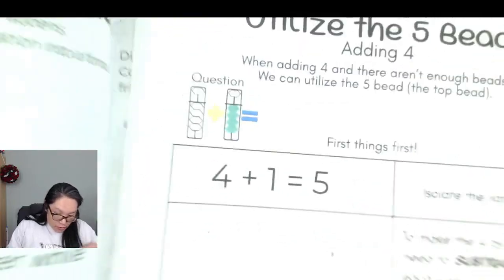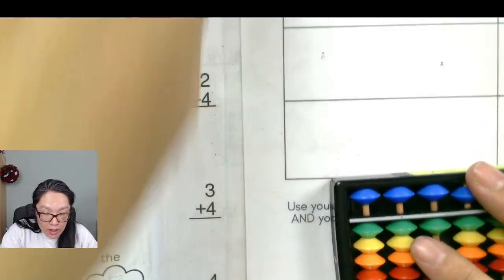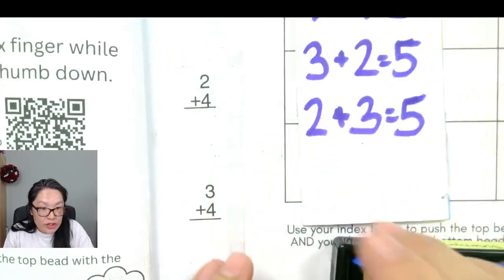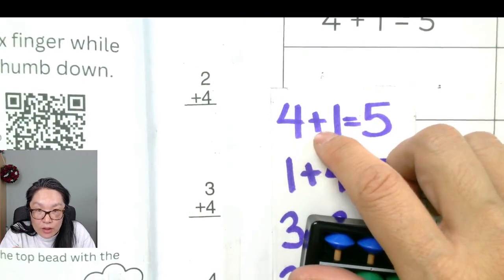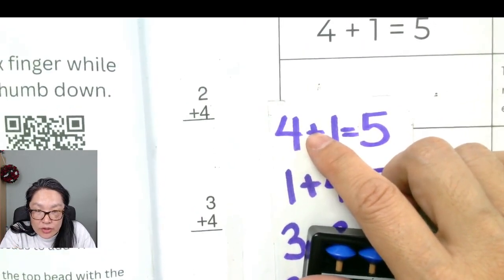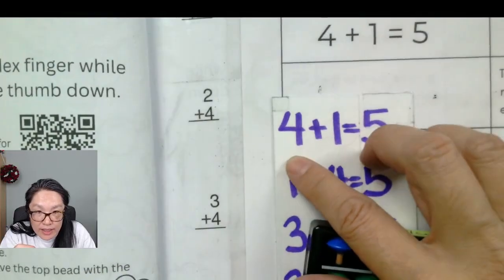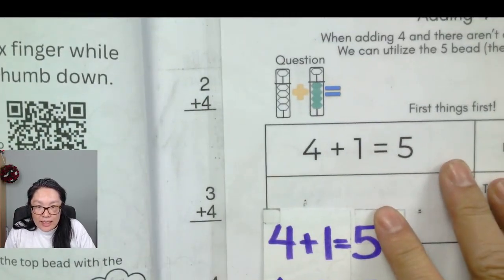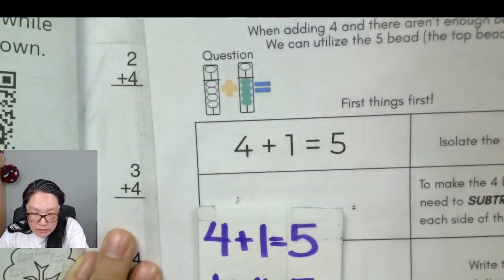So if you notice, my question is 3 plus 4. Because I have 3 plus 4, we're teaching the children how to plus the 4, plus 1 and 4. The idea is that we're going to manipulate it. We're going to isolate the variable. To isolate the variable, here's my question.